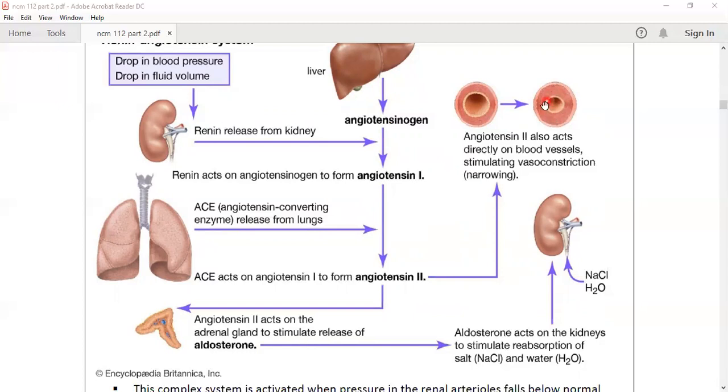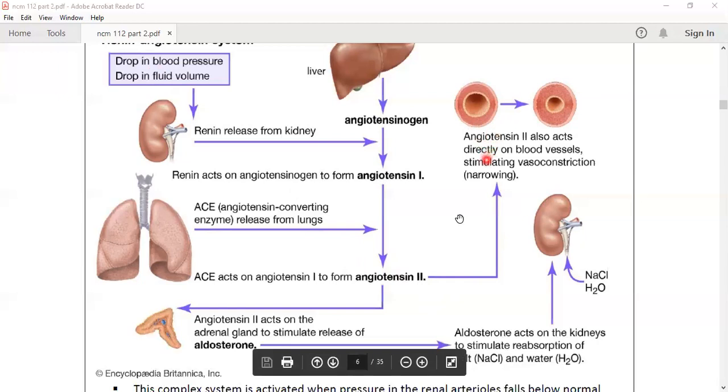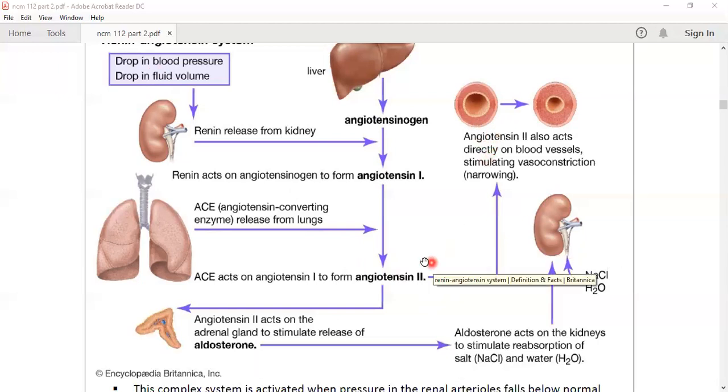And in effect, if your blood vessels are narrower, it will now have a higher pressure. Since the initiating event is a drop in blood pressure, the compensatory mechanism is an increase in your blood pressure in order to maintain a good perfusion. So remember, mababa ang blood pressure, your angiotensin 2 now acts on your blood vessels and constricts them in order to raise your BP.